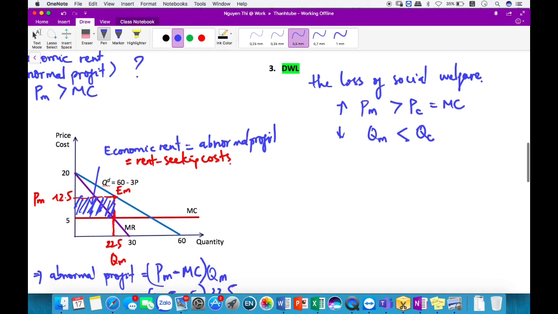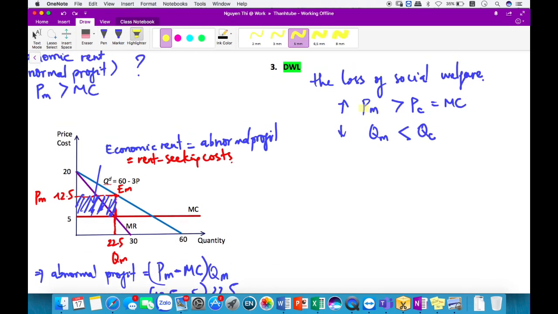We already have the price under monopoly, the price under competition, and the output under monopoly. We need to define the output under competition to get the deadweight loss.